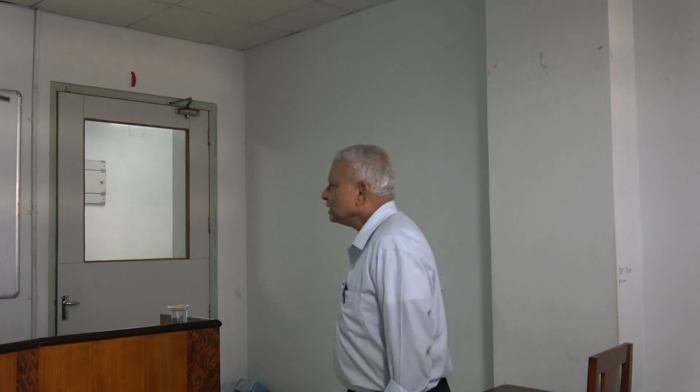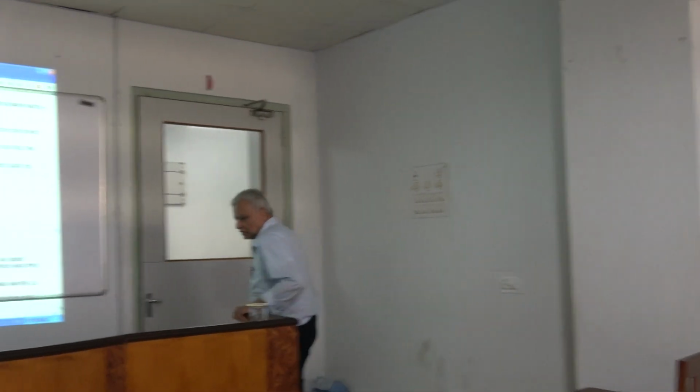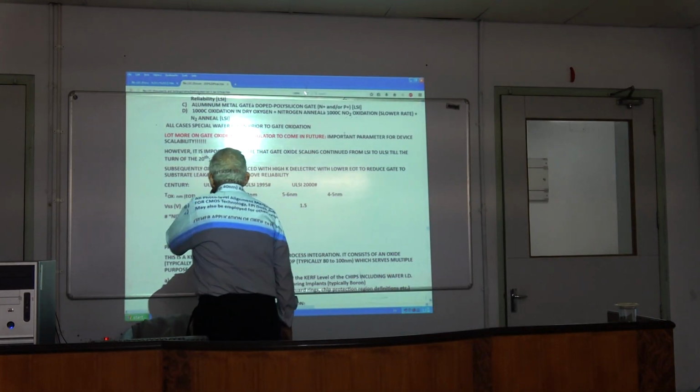So figure that out and see. If I have to create an ionic linkage, typically it could be 3 to 4 monolayers for 10 angstrom. So validate that for me, please. All right.